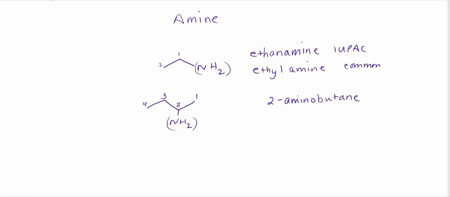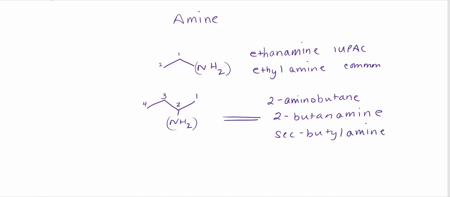Now you may also see this as 2-butanamine or sec-butylamine. So this is the IUPAC name I would be looking for. However, you do need to know that all three of these names mean the same thing. This would be the common name that I would expect to see, and this would be the IUPAC name.